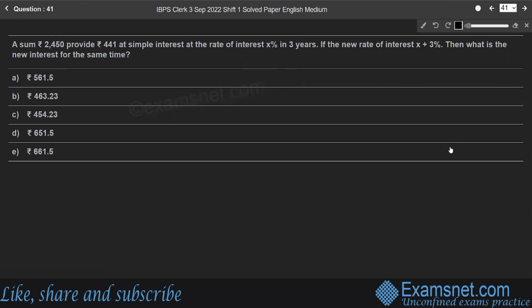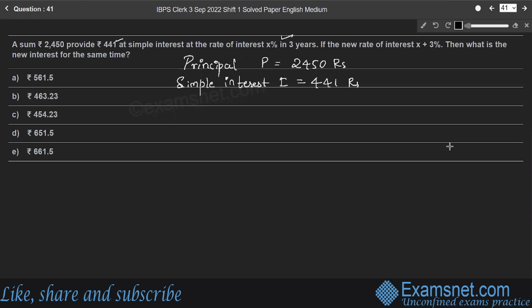So let us consider principal P, 2,450 rupees. And simple interest I is equal to 441 rupees.